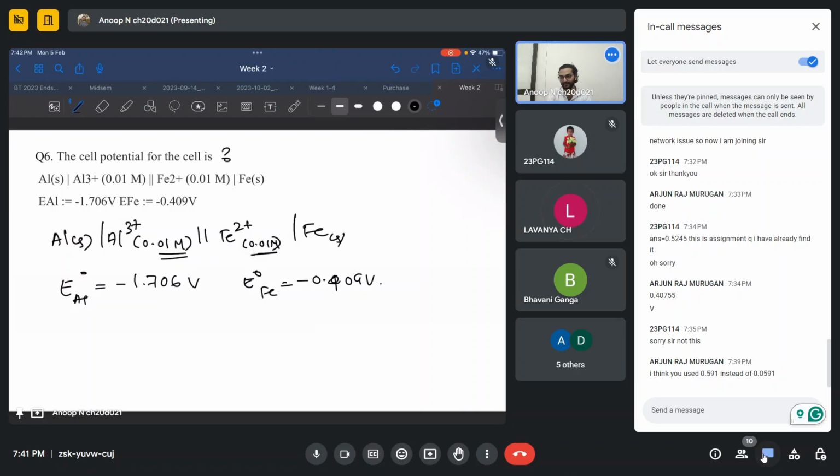How will you calculate the cell voltage?